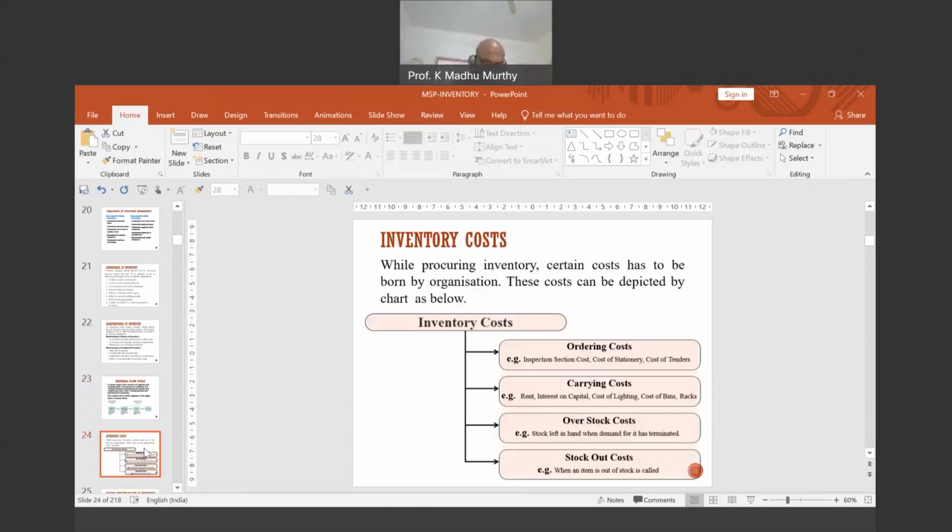Let us see some of the typical costs that we come across, the various things as we already discussed, the inventory costs. Basically, we can classify them as ordering costs, carrying costs, stocking costs, or stock out costs.